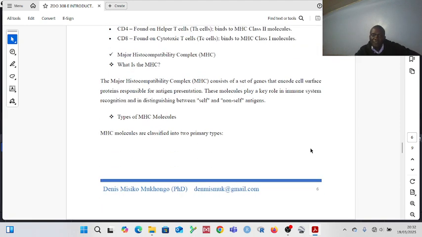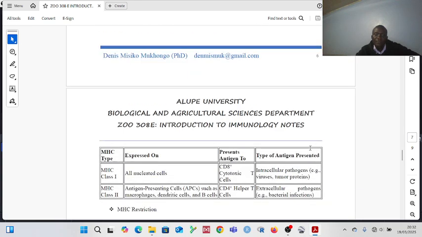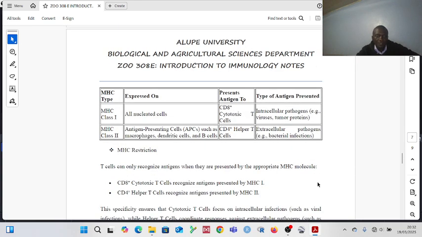The MHC comes in two types, MHC class 1 and MHC class 2. MHC class 1 is expressed on all nucleated cells. And what happens with it is that the MHC class 1 presents antigens to the cytotoxic cells or the CD8 cells.